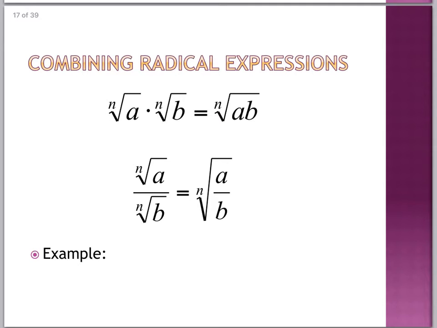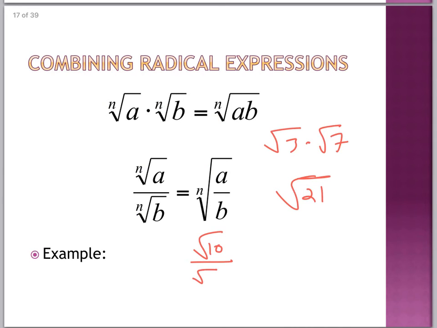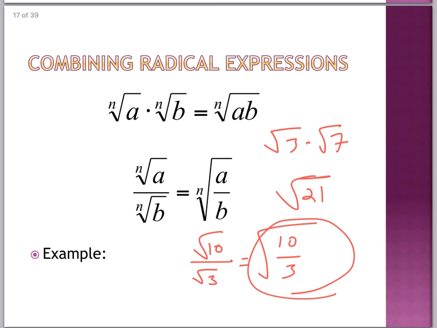So if I had the square root of 3 times the square root of 7, that's the square root of 21. Likewise, if I had the square root of 10 over the square root of 3, that's like having the square root of 10 over 3. And again, this is the reverse of a rule we had in the last section anyway, nothing new here.